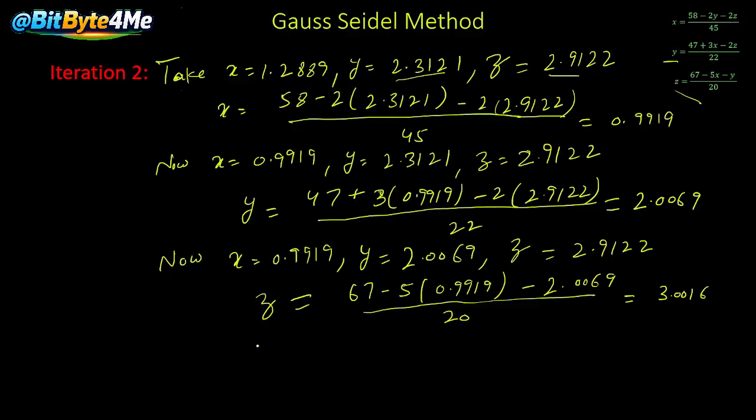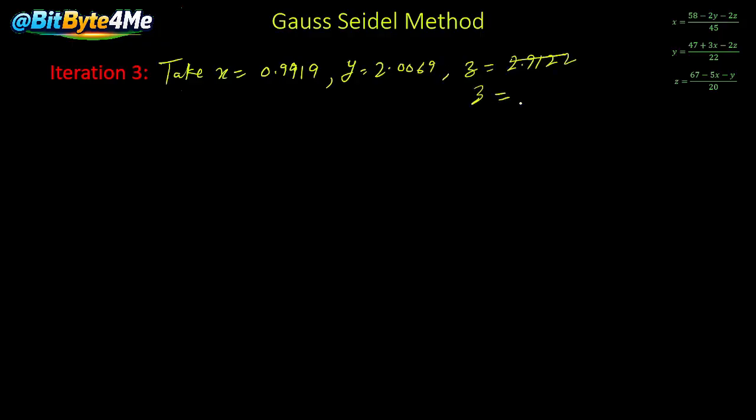So move to the next iteration. Now take x is equal to 0.9919, y is equal to 2.0069, z is equal to 3.0016.